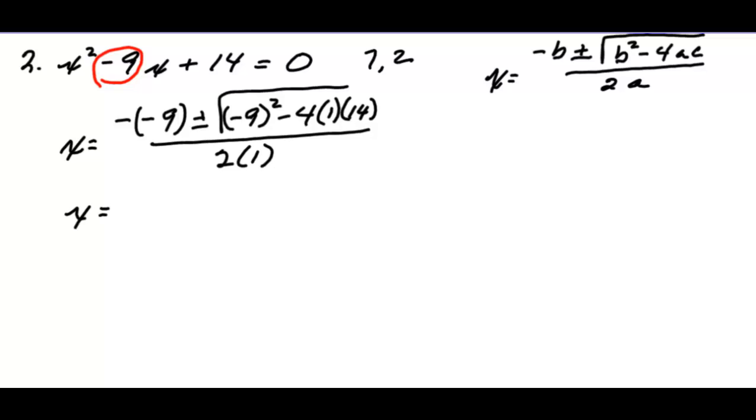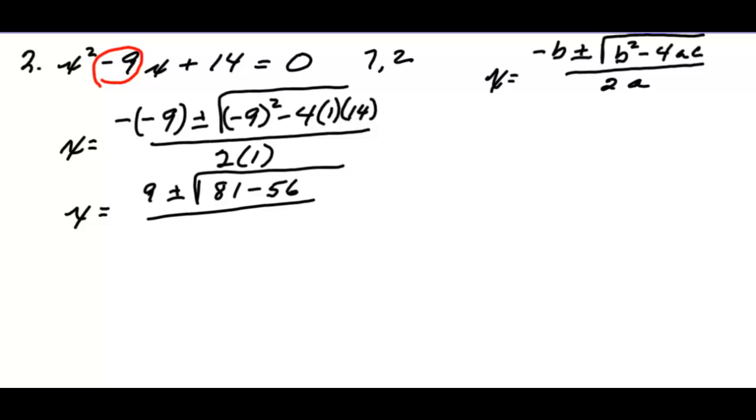All right. Now you can see this is going to be more extensive and more complex than if we could factor it. So it's not the approach I would recommend using if you can factor that trinomial. But what happens here is minus a negative 9 becomes just 9, plus or minus the square root of negative 9 squared, which is 81, minus 4 times 1 times 14, which is 56.